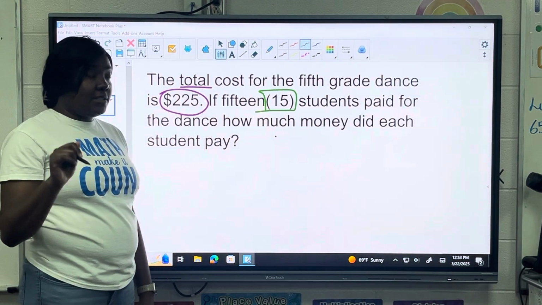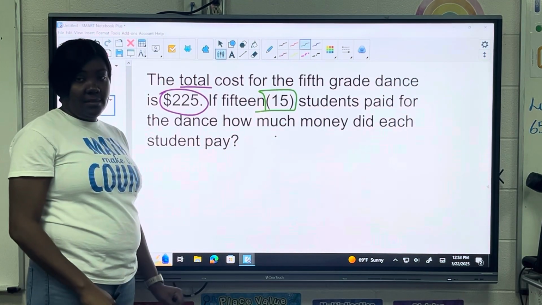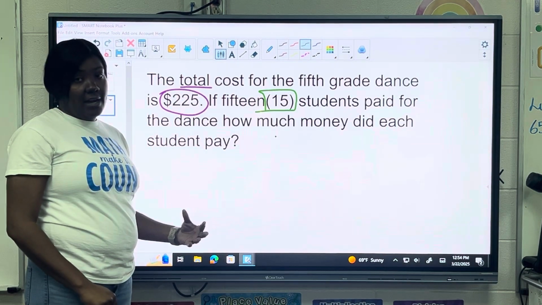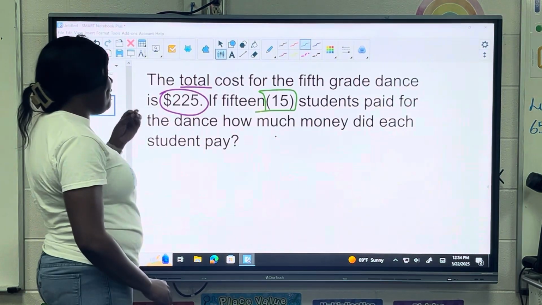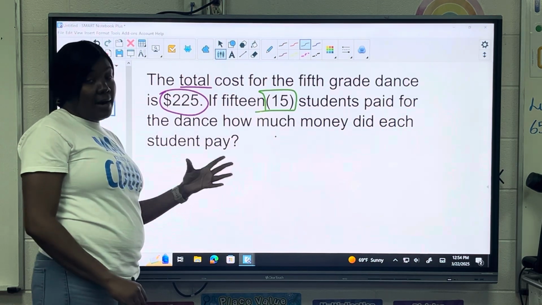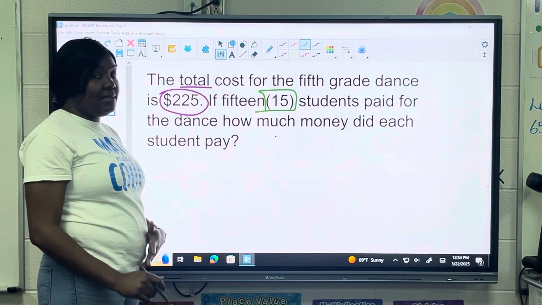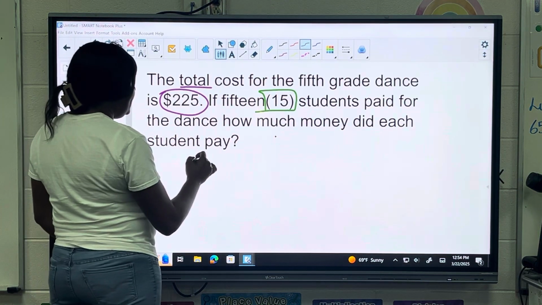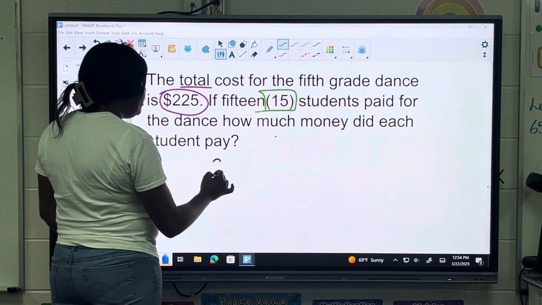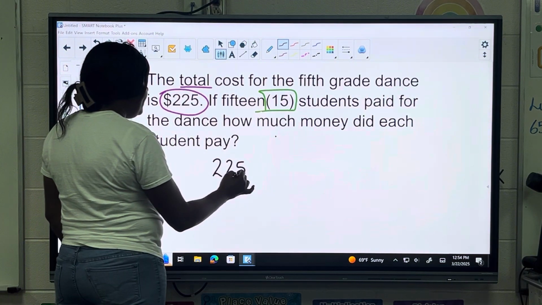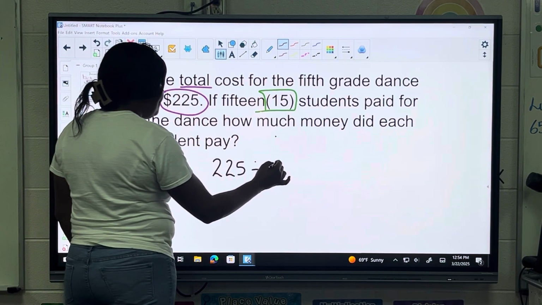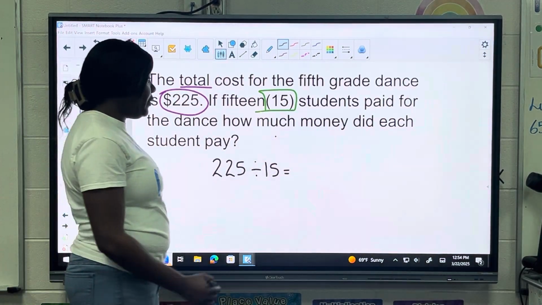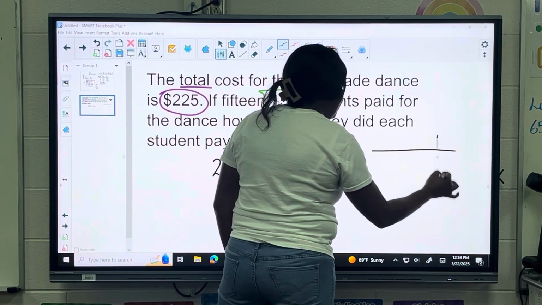Remember, boys and girls, we are given the total and then we're given a part, which means we're being asked to find a part. And if I'm given the whole and a part and asked to find a part, it means that I'm going to be dividing 225 by 15 using our area model.